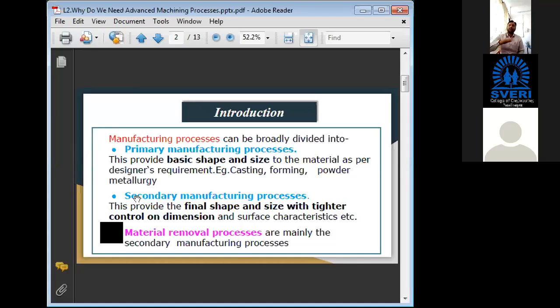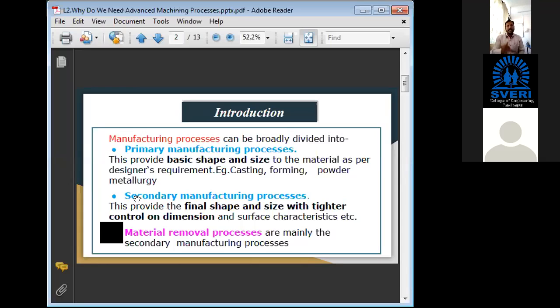That means the final surface finish, and the shape and size will be final, with tighter control on dimensions. Whatever dimensions are given on the drawing by the designer, you will get your product as per the same dimensions, and the surface finish will also be accurate. Those processes are called secondary manufacturing processes. Getting it?